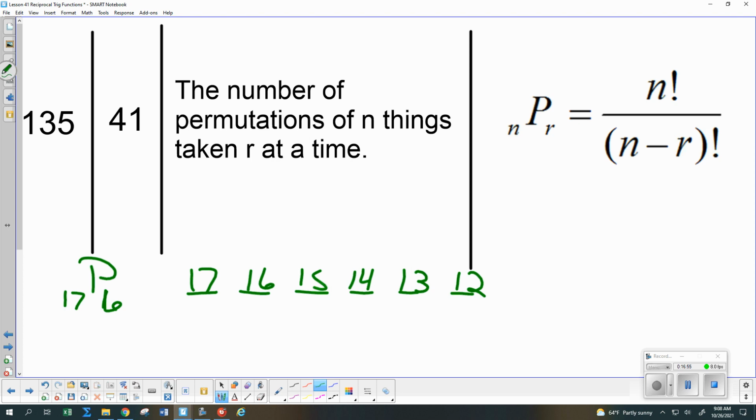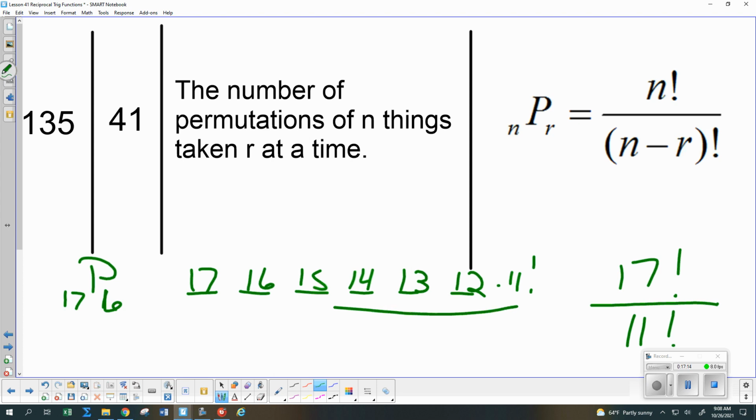This formula says take 17 factorial over, subtract them, 17 minus 6 is 11. So if I wrote out the whole factorial, 17, 16, 15, 14, 13, 12, 11, 10, 9, 8, 7, 6, 5, 4, 3, 2, 1, I'm just going to write it as 11 factorial over 11 factorial. Those would all cancel, and I have what I'm used to seeing with this notation.